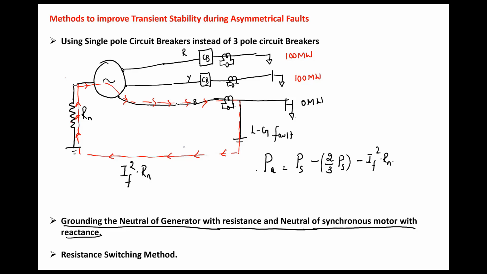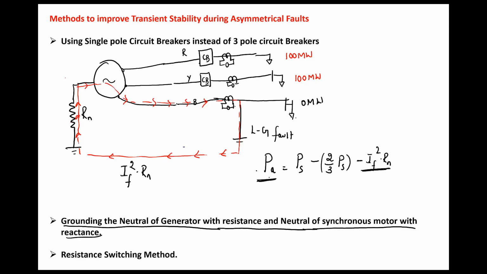It doesn't matter. Now stability is the main criterion. So even this heat dissipated in the neutral of the generator also reduces the accelerating power. So when PA is reduced, then the chances of retaining stability are more.